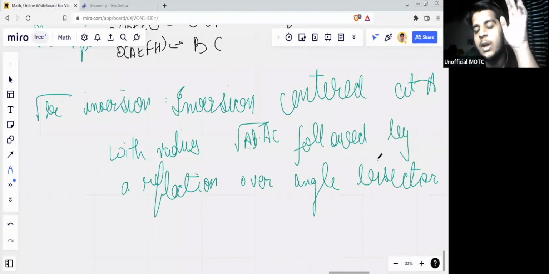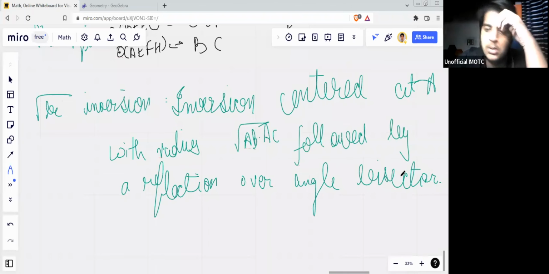Take a minute to grasp the definition, and if you want to note it down, you can note it down. Let me know when it's fine.